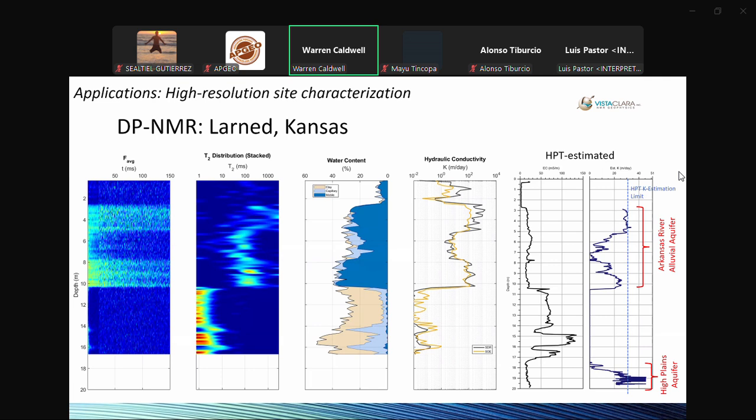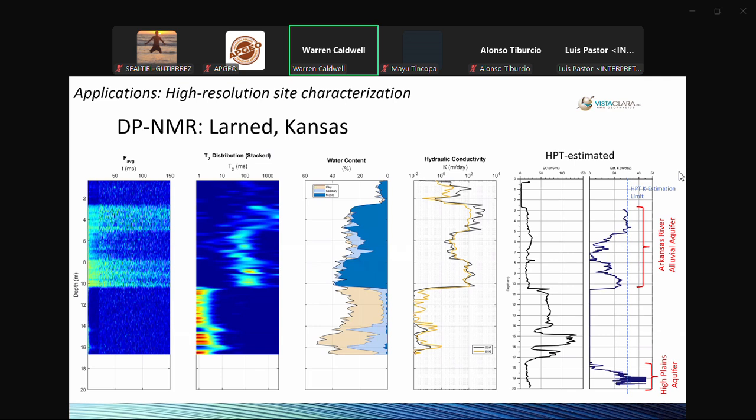So here we're estimating, depending on which method you use, 100 to potentially up to 1,000 meters per day. These different curves here, SDR and SOE, are different methods for estimating hydraulic conductivity that make different assumptions.